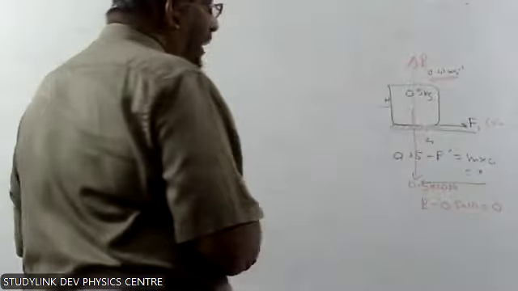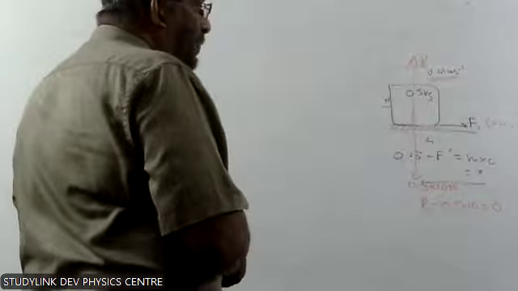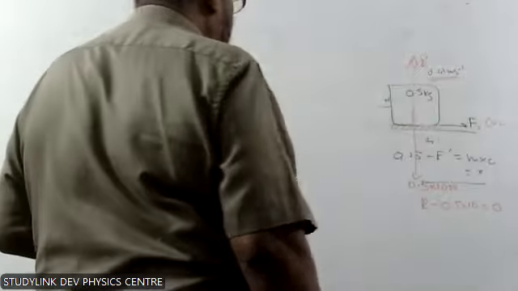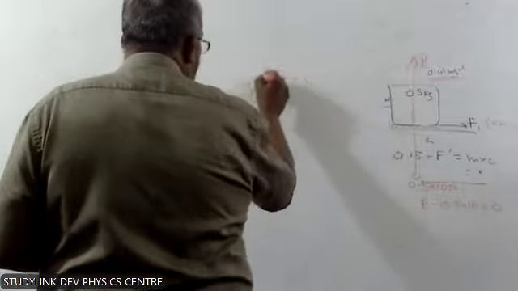One method is you can calculate F for the first situation and the second situation. Two different F's are there. So F into S is work done.